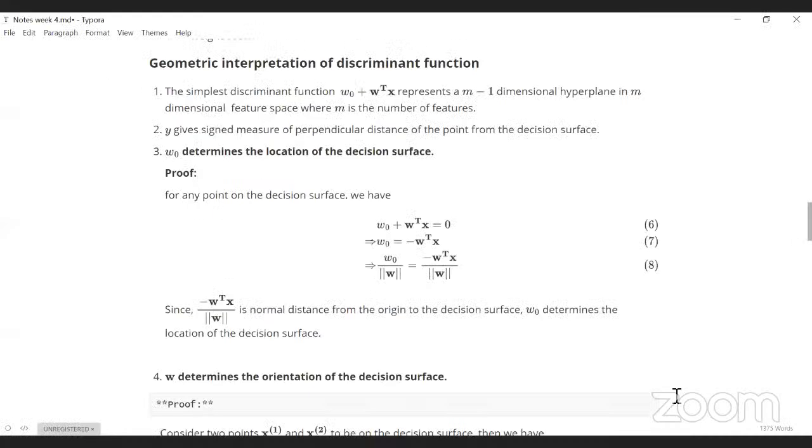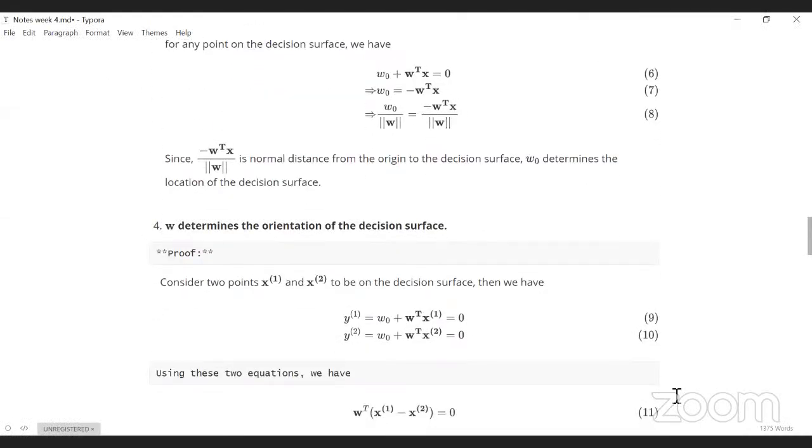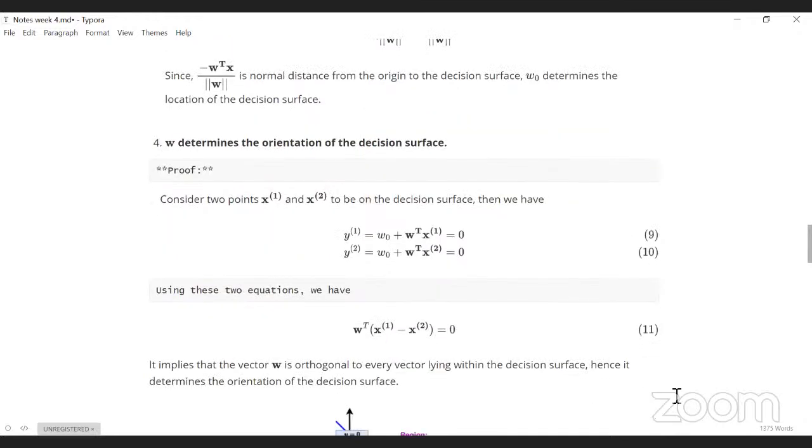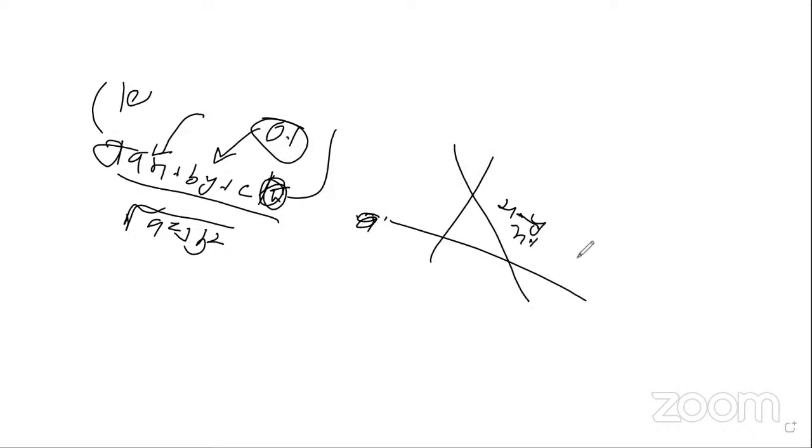So the next thing is the vector W actually decides the orientation of the decision surface. You have seen something similar in the math lectures as well, right? Take a simple line, x plus y equal to 5.